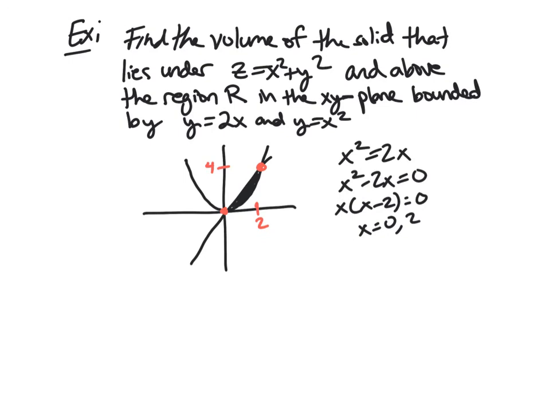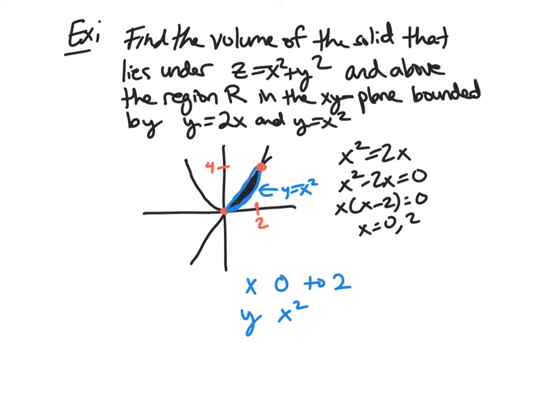So let's think about how we actually want to set this guy up. So again, if we're looking for our upper and lower bounds, let's start with x. So x is going from 0 to 2. And so there we would have to look at our function bounds for y, right? So y has the lower bound given by the bottom curve, right? So this is y equals x squared. And so x squared is its lower bound.